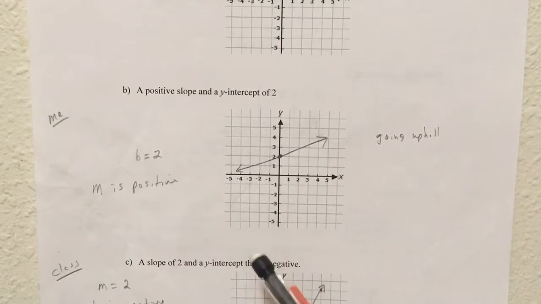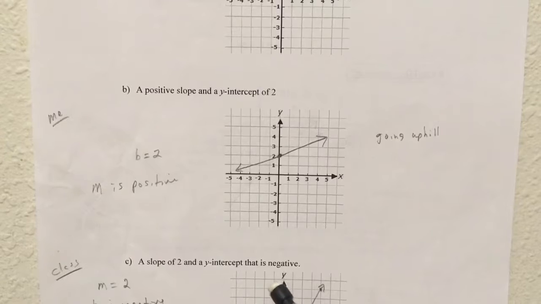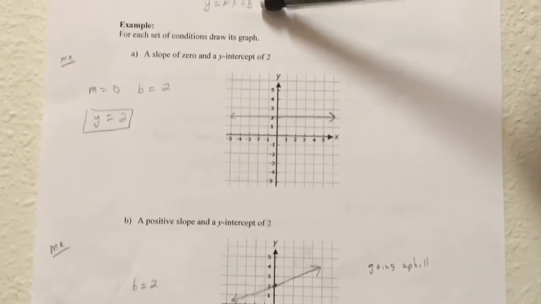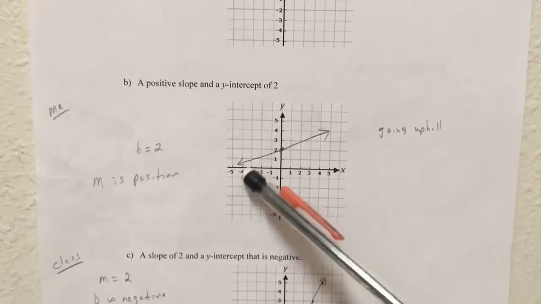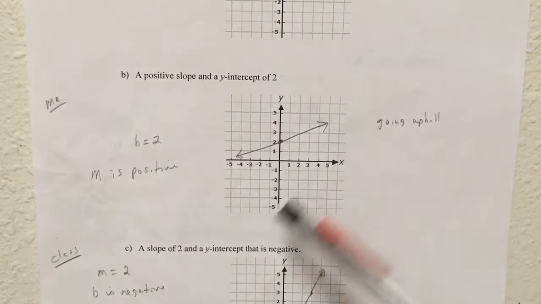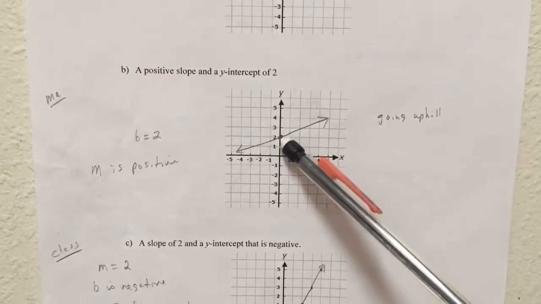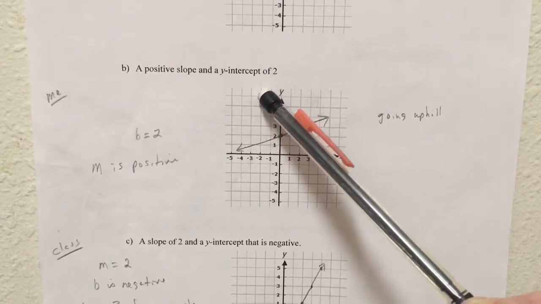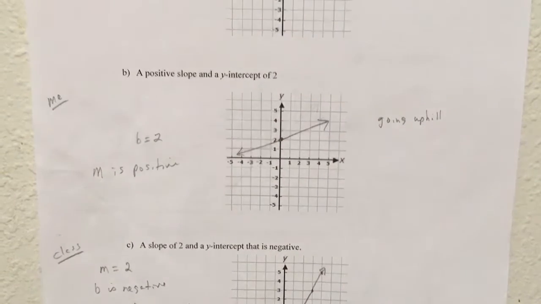But the slope just has to be positive. m can be any positive number in the equation of the straight line up here. So here is a straight line with a positive slope. It's going uphill and it crosses the y-axis at y equals 2. So this is an example of a line that meets the conditions for part B.